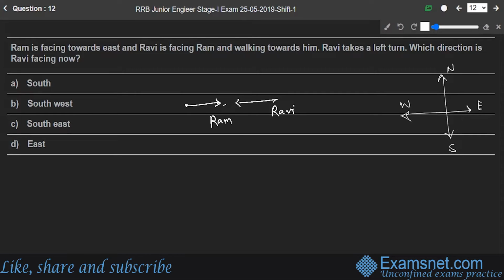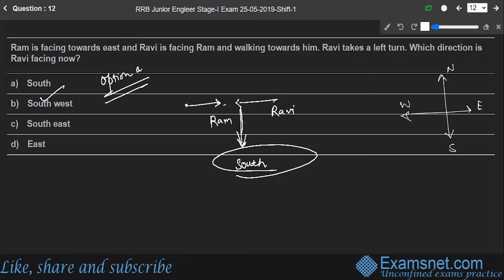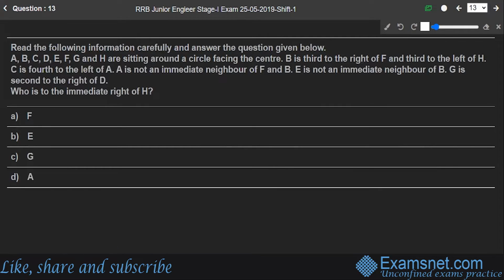Okay. So Ravi takes a left turn. That means he has started moving towards the south. And which direction is Ravi facing? Of course, he's looking towards the south. That's what we discussed, because when he takes a left turn, he will move towards south. That makes the first option the correct answer. Easy one. Let's move to the next question, number 30.